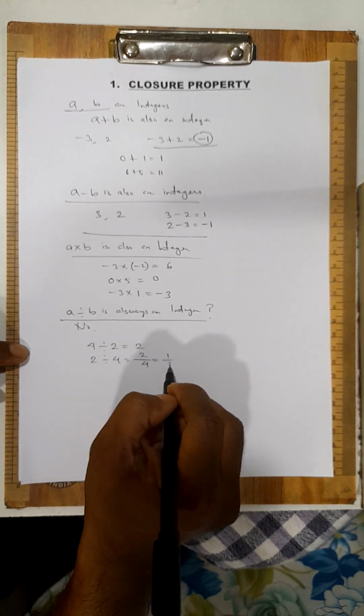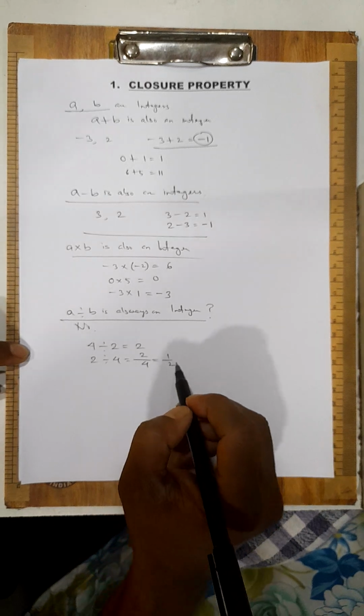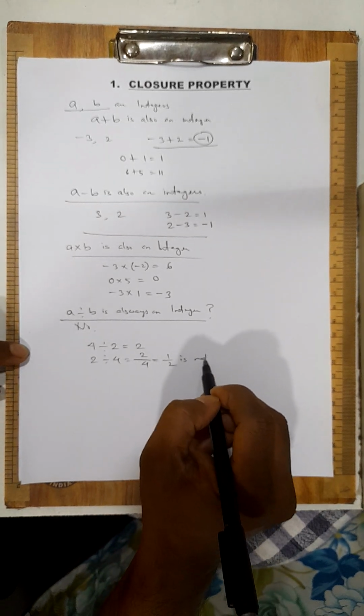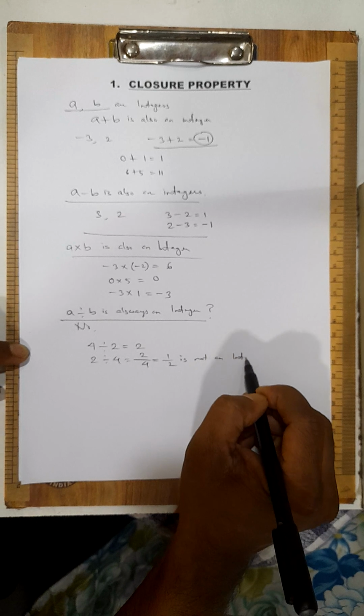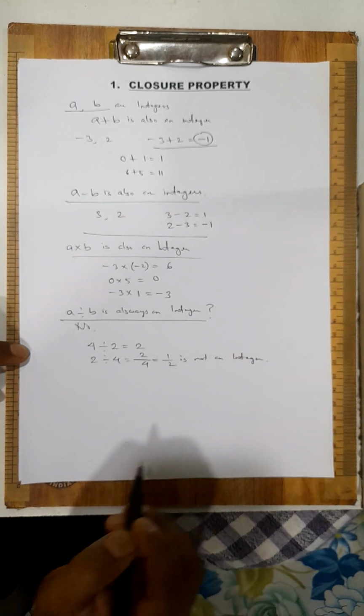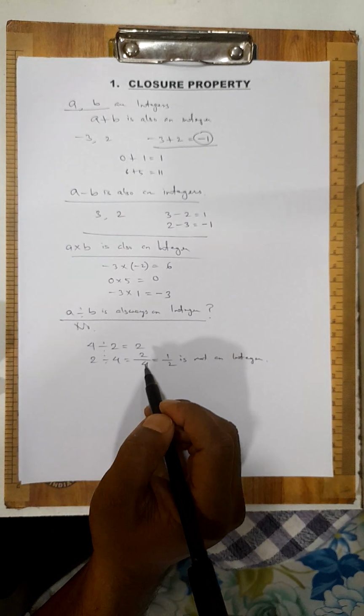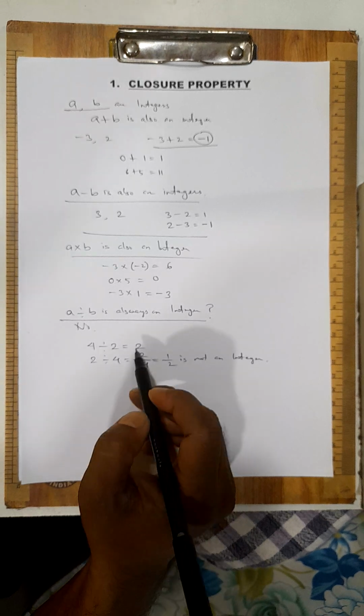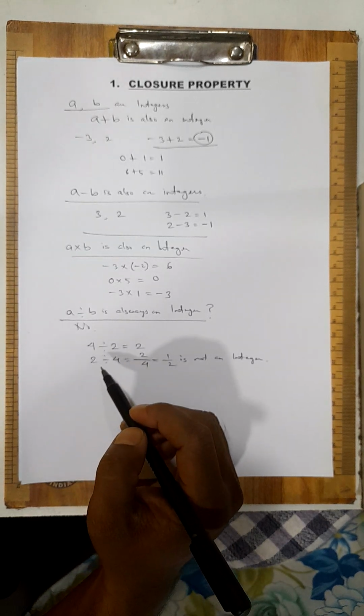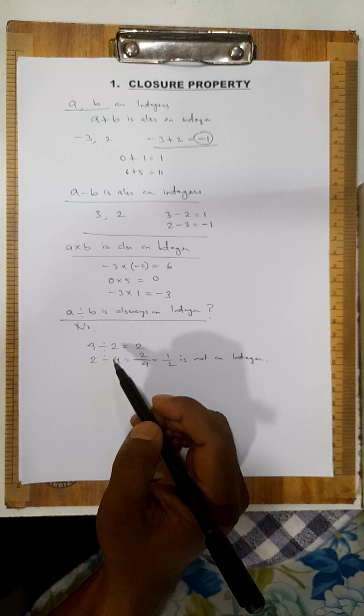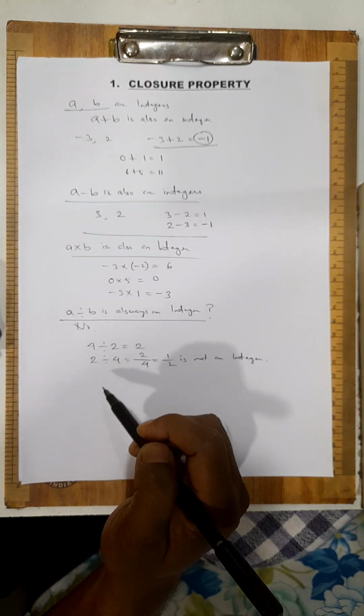That means it is half. It is a fraction, so it is not an integer. That means we can say integers are not closed with respect to the operation of division, right? Division of any two integers may not be an integer.